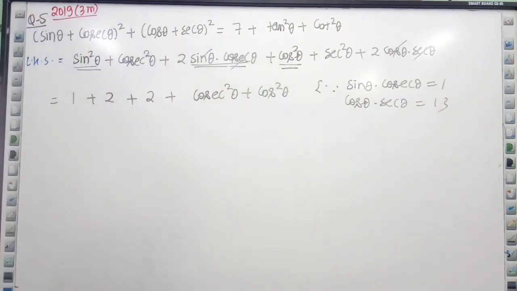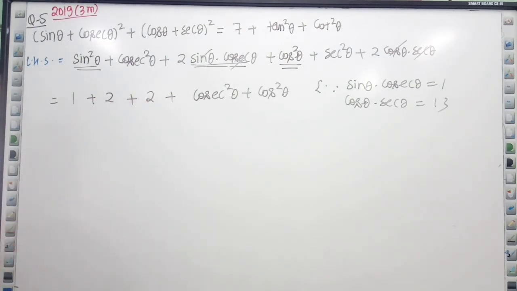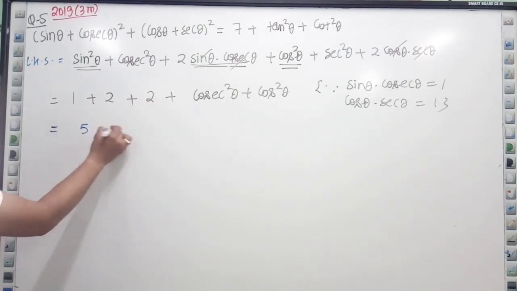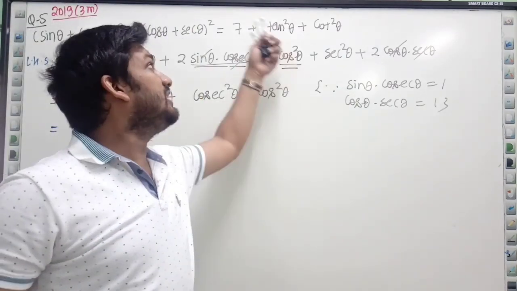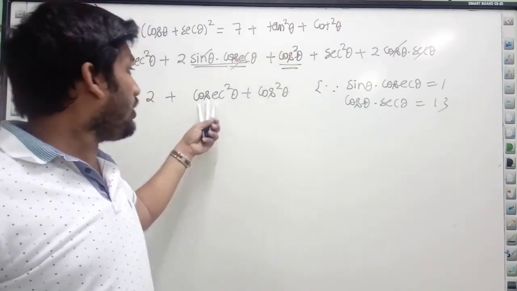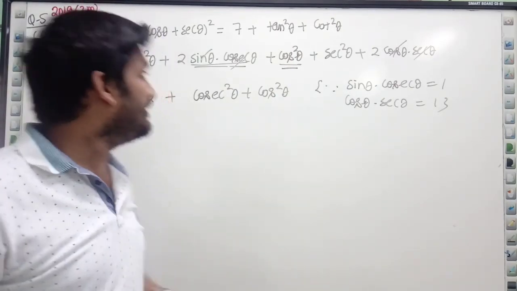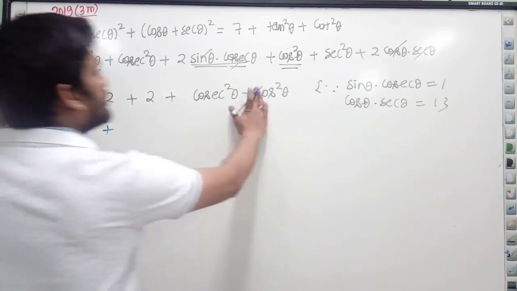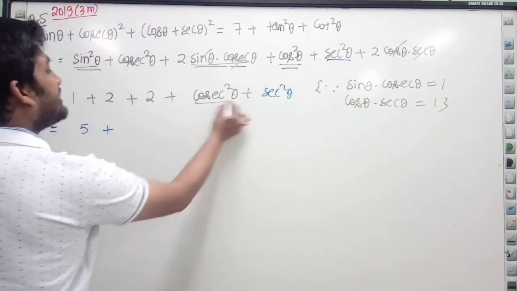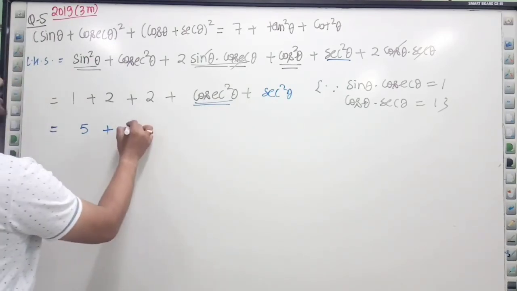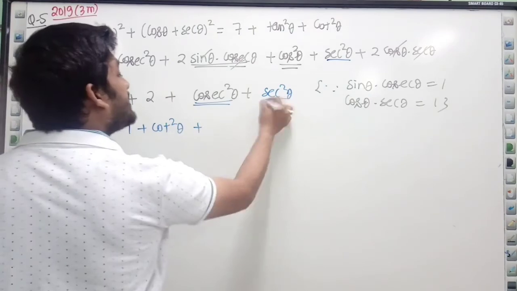Now 1 plus 2 plus 2 equals 5, plus we have these two terms, but here we have 7. We are also not having these two terms, so we need to change them by the identity. Sorry, this is not cos, this is sec. I can put the identity. What is cosec square theta? 1 plus cot square theta. What is sec square theta? 1 plus tan square theta.